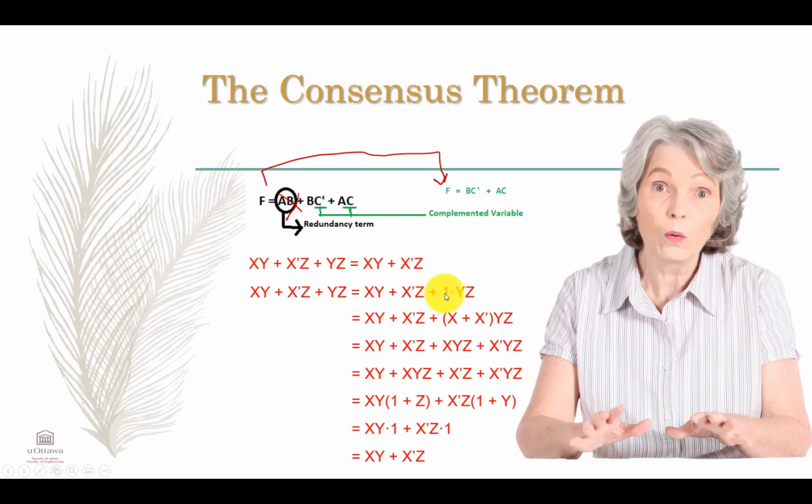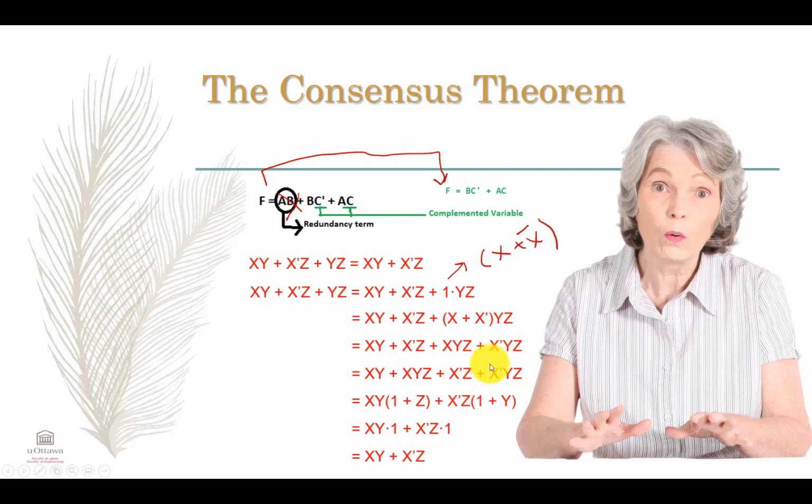Then after that, I can rewrite this one in a way that will give me an x here. How to do so? This one can be achieved by saying that it is x plus x prime. Then I will multiply yz with x prime and x. So I have xy plus xz plus xyz plus x prime yz.